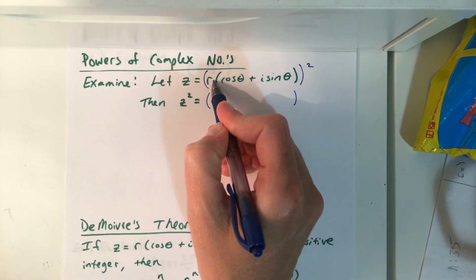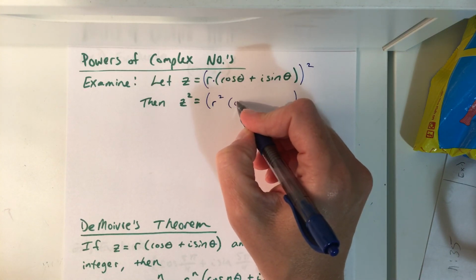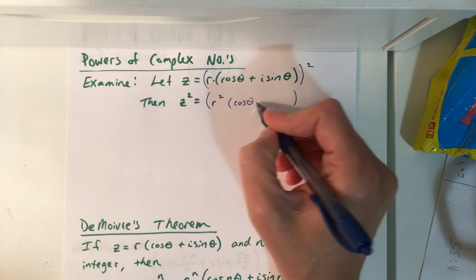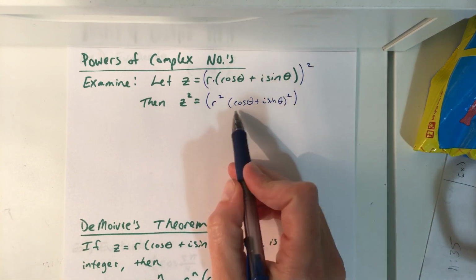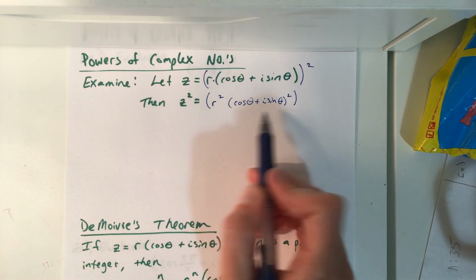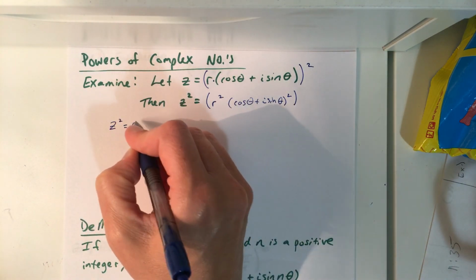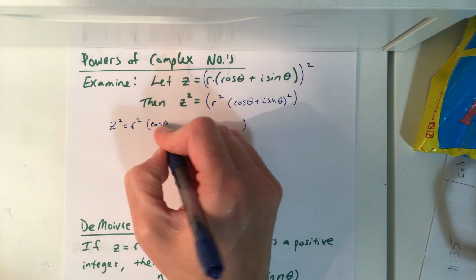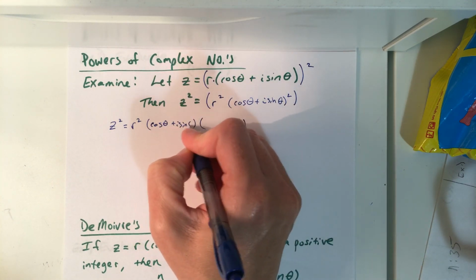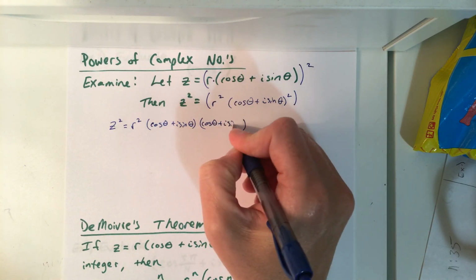Well, this is a product, so we can raise r to the second power, and we can raise this binomial, cosine theta plus I sine theta, also to the second power. Well, squaring this, we're squaring a binomial, so we're going to have to think about using FOIL. That would be cosine theta plus I sine theta times itself, times cosine theta plus I sine theta.